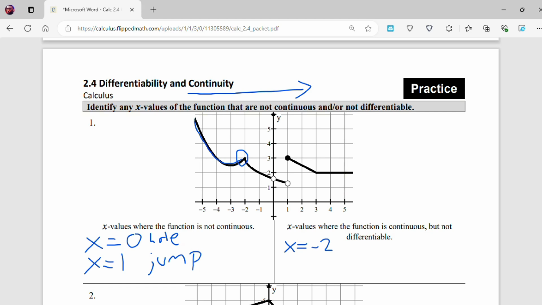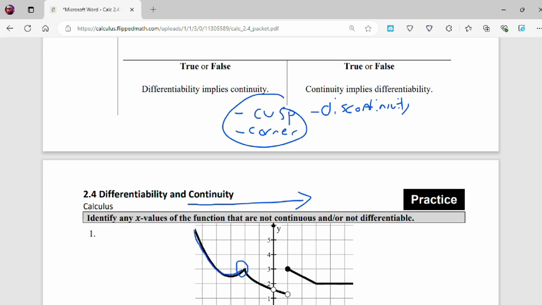And so that is why it's not differentiable. Same thing goes for a corner. So you have an absolute value graph. This side has a negative slope. This side has a positive slope. And so that is why at that point where it meets the corner, it's not going to have a derivative, because the left-hand derivative and right-hand derivative are not equal.